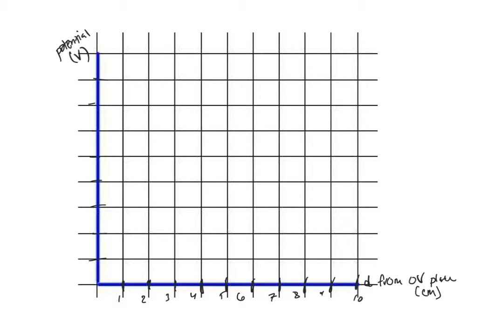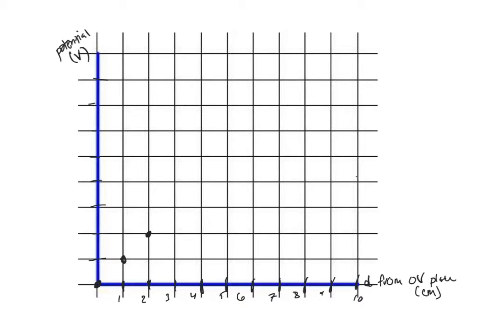At 0 centimeters from my bottom plate, I'm going to have a potential of 0 volts. Once I move a centimeter away, I'll have a potential difference of 1 volt. 2 centimeters, I'll have 2 volts. And when I've gone 10 centimeters away and I've reached my top plate, I will have a potential difference of 10 volts.